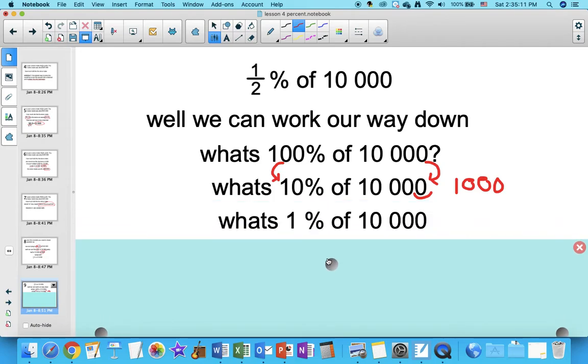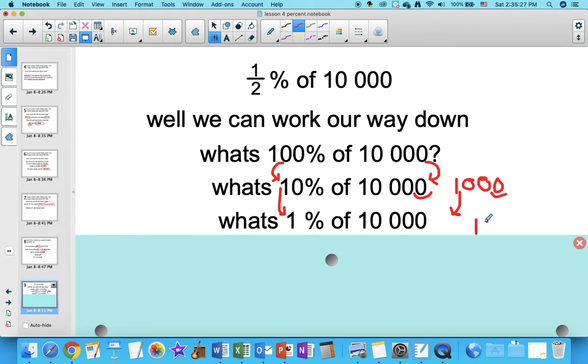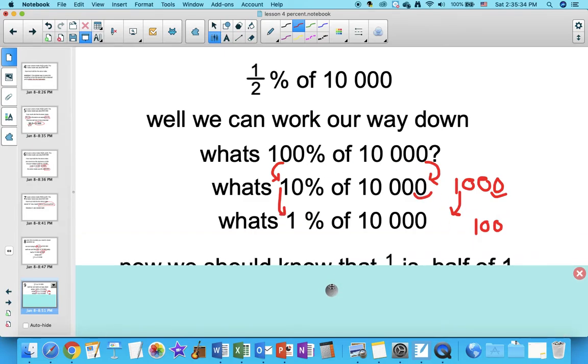Okay, well then what's 1% of 10,000? Well, I divide this by 10 again, since 10 divided by 10 is 1. So I take the decimal and I move it over another spot, which would give me 100. So now I know that 1% of 10,000 is 100.